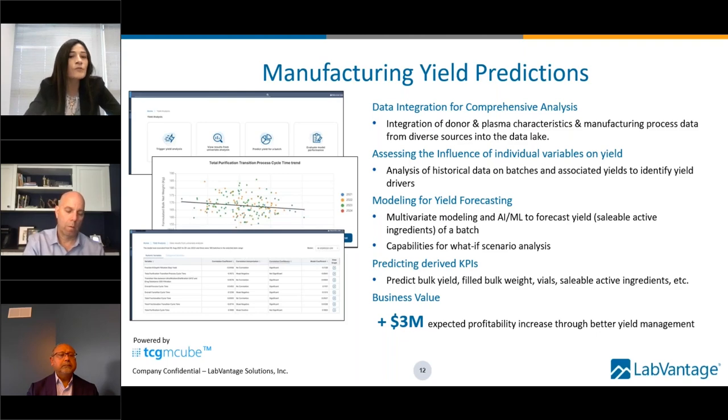The solution provides users options to perform different what-if analyses, and this offers great flexibility because there are many different scenarios that the analyst would want to consider for the yield predictions. This solution can significantly increase our profitability through better yield management. Let me take you through a short demo to illustrate.